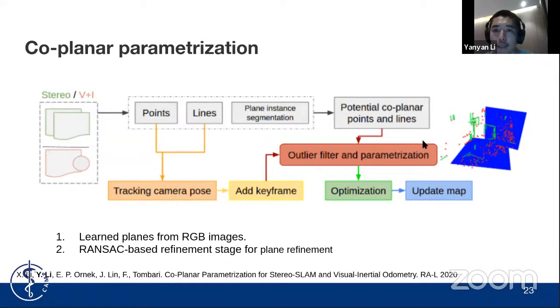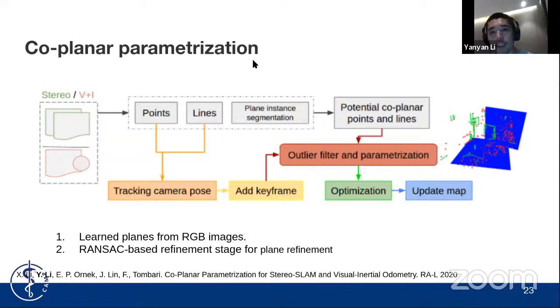Then we use a kind of RANSAC based on those 3D features to check whether this is a real plane or not. After checking and removing some outliers, we will build another optimization based on coplanar parametrization.